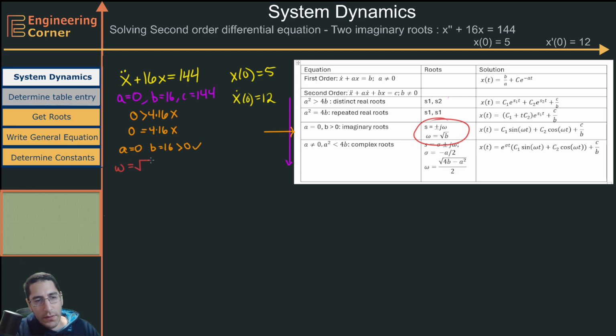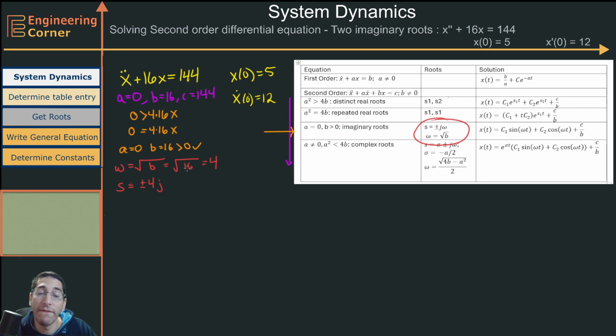Omega is equal to the square root of b, which is equal to the square root of 16, which is equal to 4. So that means my roots are equal to plus or minus 4j. And the j, again, is an imaginary number, which are these imaginary roots.